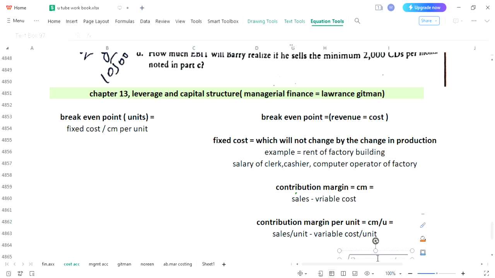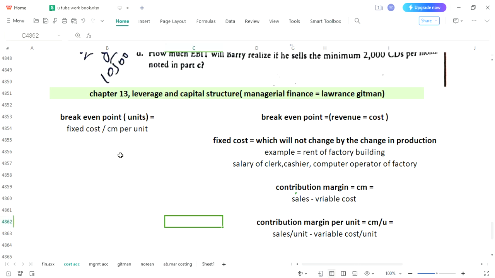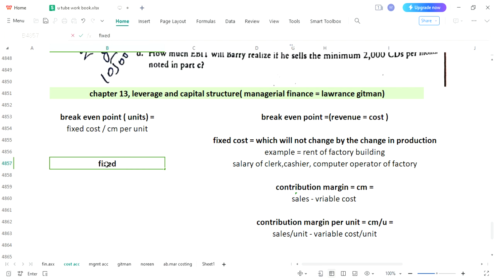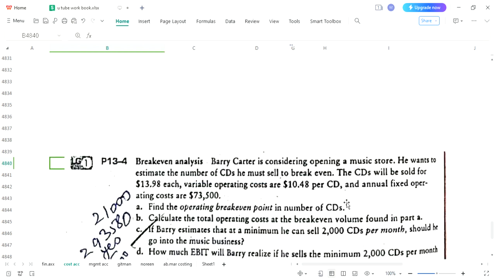And here's something else that was present, let me delete it. Come over here, what we need is fixed cost and CM per unit. So first factor is your fixed cost, and it is given in your question. Let's get back to the question, and here you can see annual. Please note it down, it is annual.